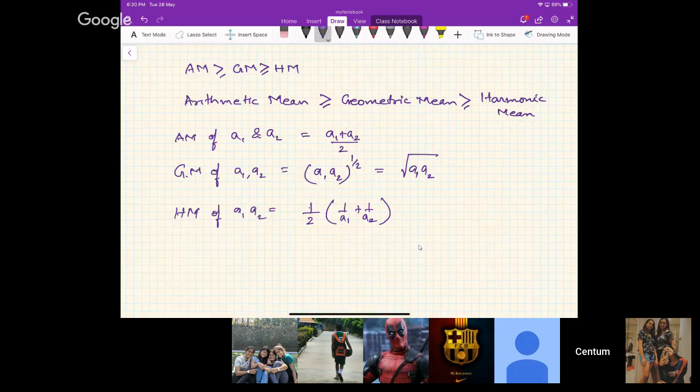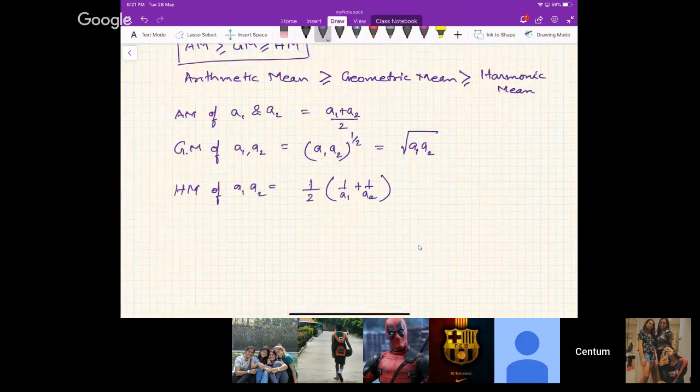So please remember, this is a very famous and very effective tool: AM is greater than or equal to GM is greater than or equal to HM. Now generalizing for more numbers, let a1, a2, a3, so on and so forth up to an all belong to the set of real numbers.